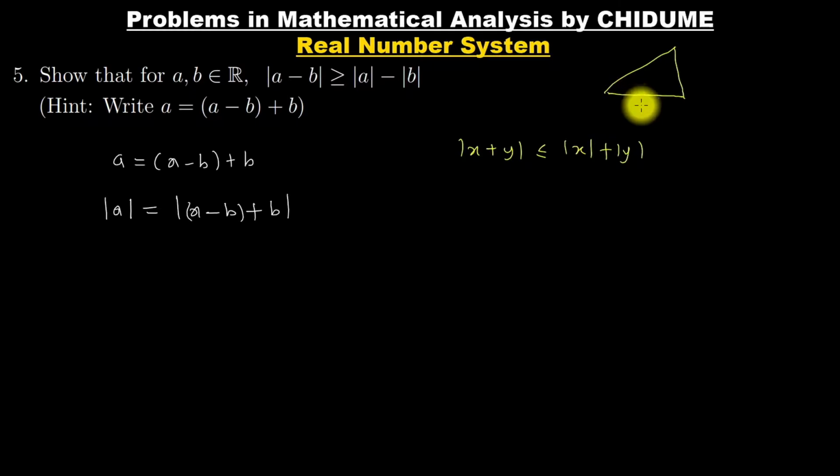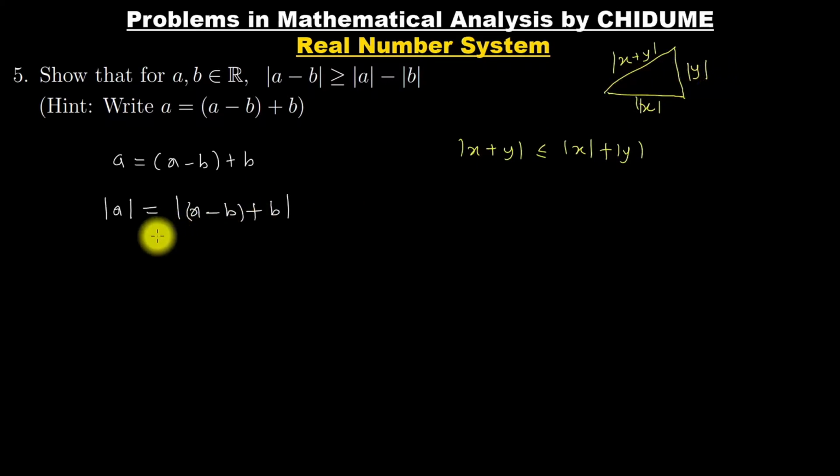Let's say this is side x and this is side y, and this is side x plus y. The magnitude of x plus the magnitude of y is greater than the magnitude of x plus y, which is obviously true. That is, the sum of two sides of any triangle is always greater than the third side. That's just like your triangular inequality.